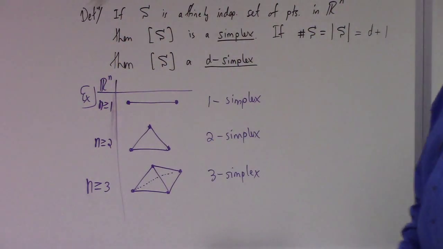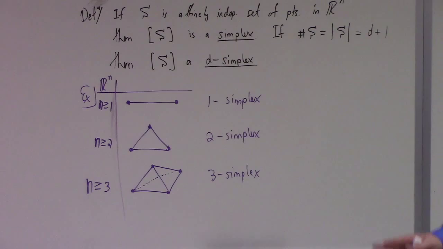Because I simply can't have 4 points whose 3 successive differences from one base point are linearly independent unless I have at least 3 dimensions to work with. In other words, I can't put a 3-simplex in 2 dimensions.